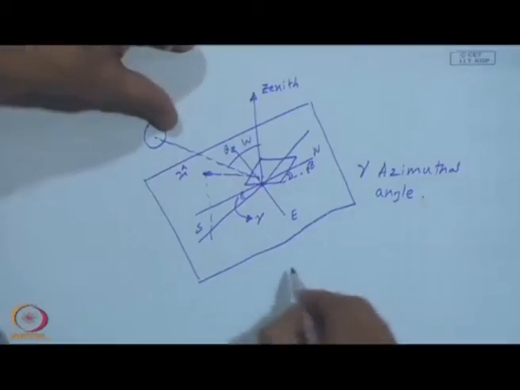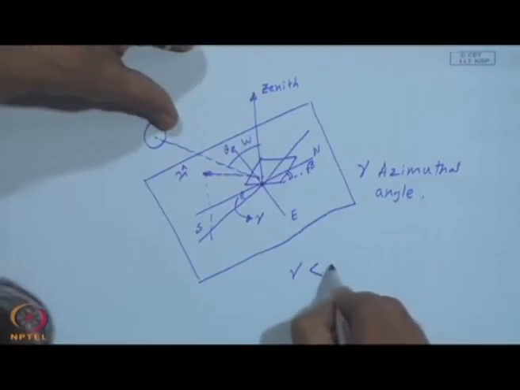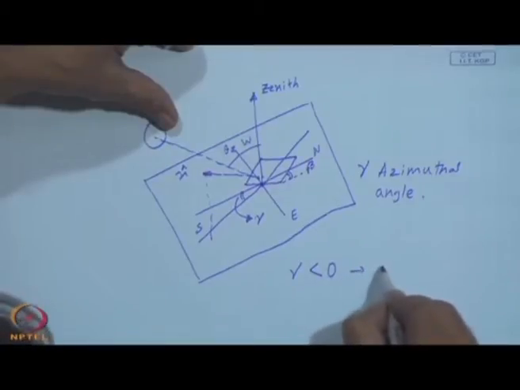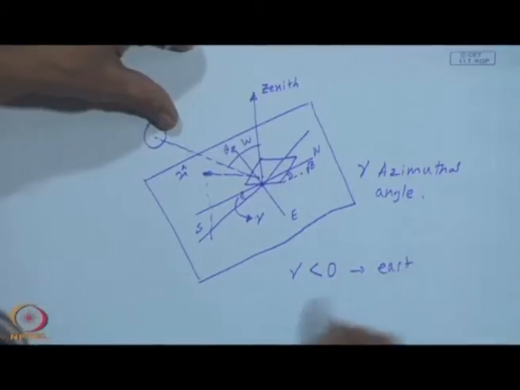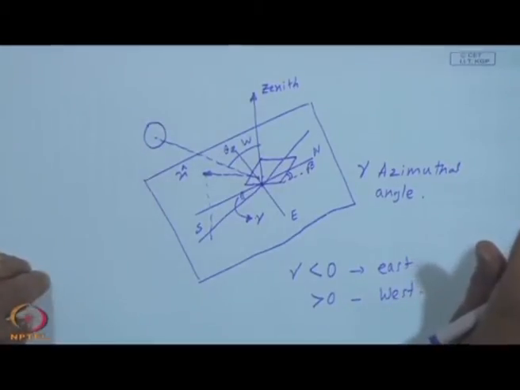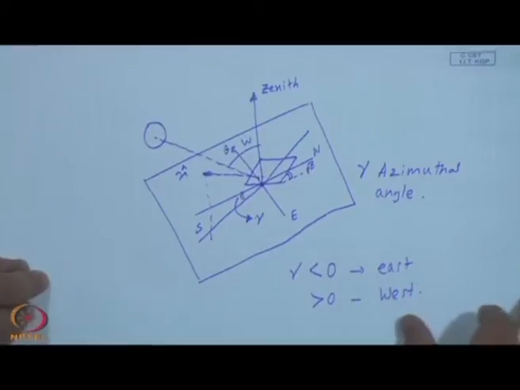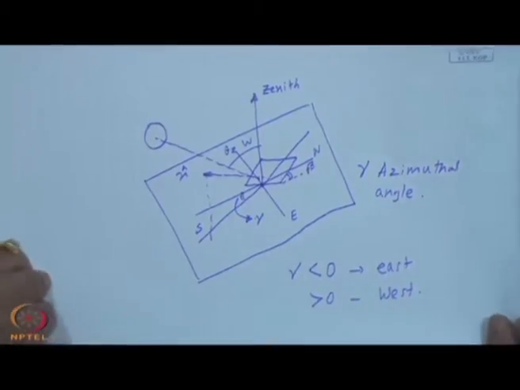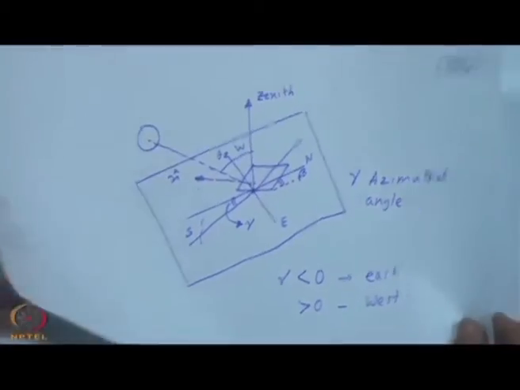Okay? And this azimuthal angle gamma is negative towards east and towards west it is positive. This is consistent with that time notation, hour angle being negative in the morning and positive being in the afternoon.